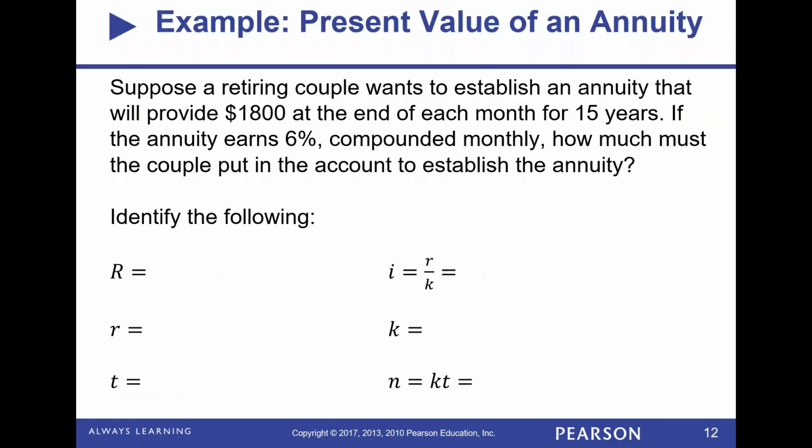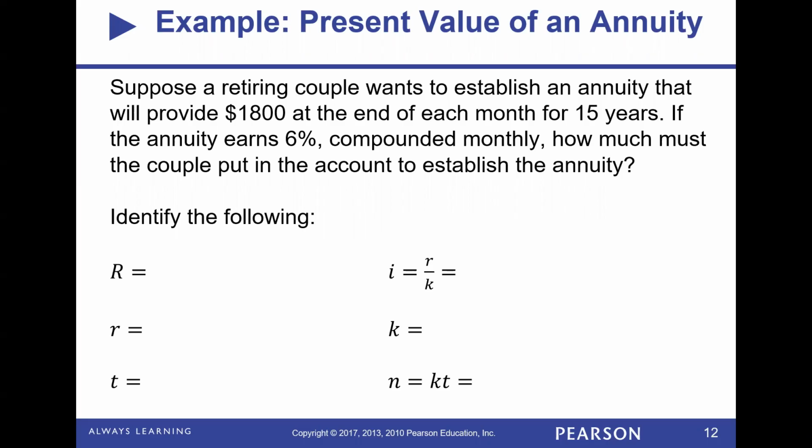So suppose a retiring couple wants to establish an annuity that will pay $1,800 at the end of each month for 15 years. If the annuity earns 6% compounded monthly, how much must the couple put into the account to establish this annuity? Okay.